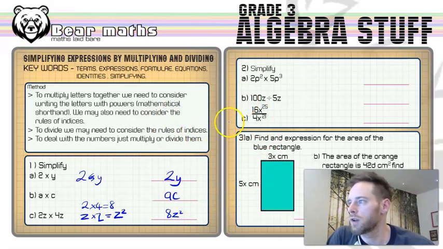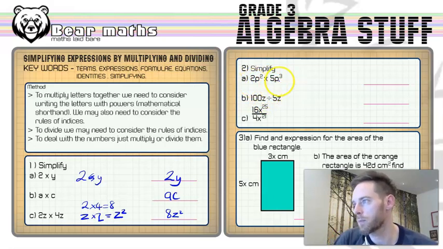Moving on to question 2, you've got 2p squared multiplied by 5p to the power of 3. Now this is again where we're just going to separate it up. We've got 2 multiplies by 5, that's the number bit times a number bit, that gives you 10. That's going to be the beginning of our answer, or our simplification. We've got p squared multiplied by p cubed. And you can now look at the same base numbers.